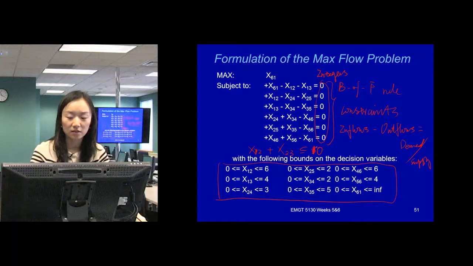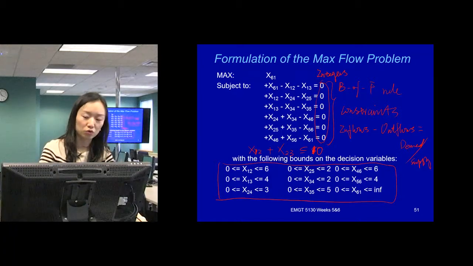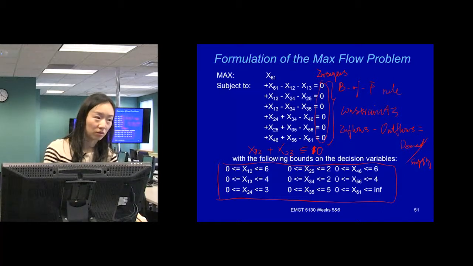A constraint like this is not a balance of flow rule constraint, because it's not inflow minus outflow for a certain node compared to a demand. Then it's not guaranteed that you will get an integer solution.